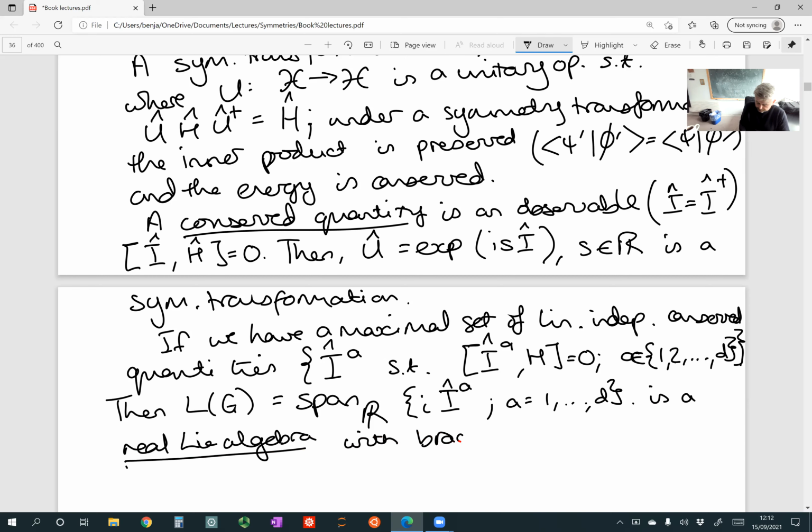And the Lie bracket is the Lie bracket of the observables I hat^A and I hat^B.